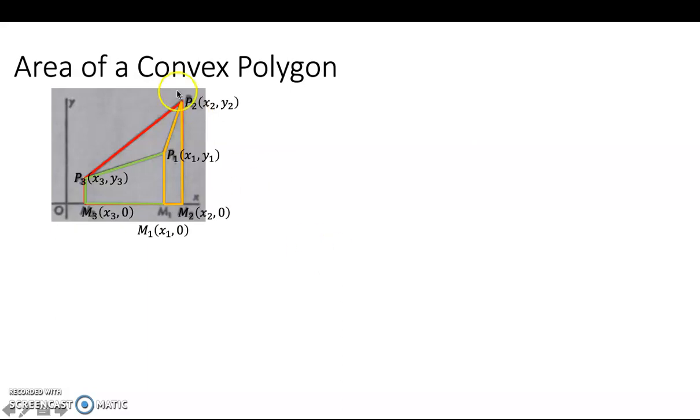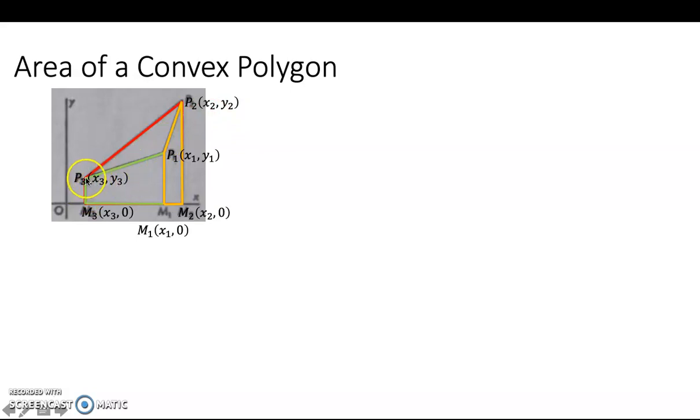Okay, so let us have some coordinates for each point. We name P1 having coordinates x sub 1, y sub 1, P2 having coordinates x sub 2, y sub 2, P3 having coordinates x sub 3, y sub 3.